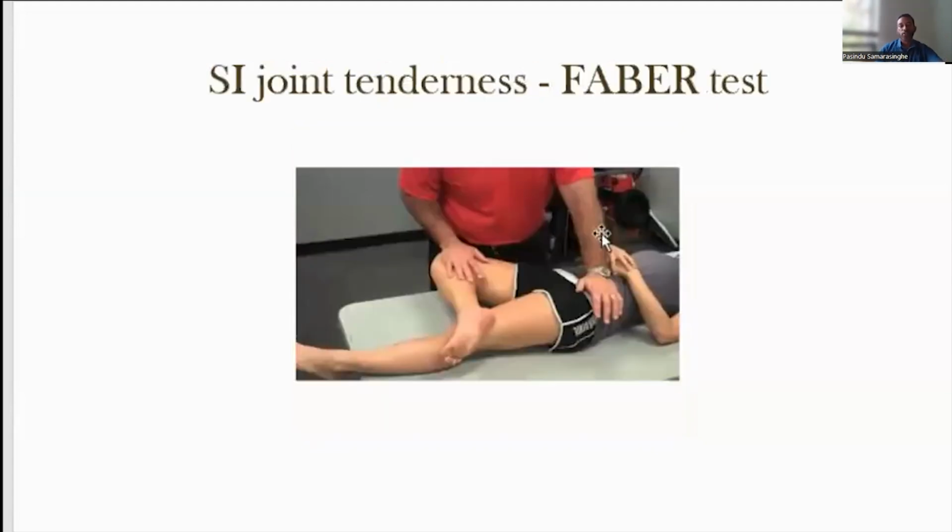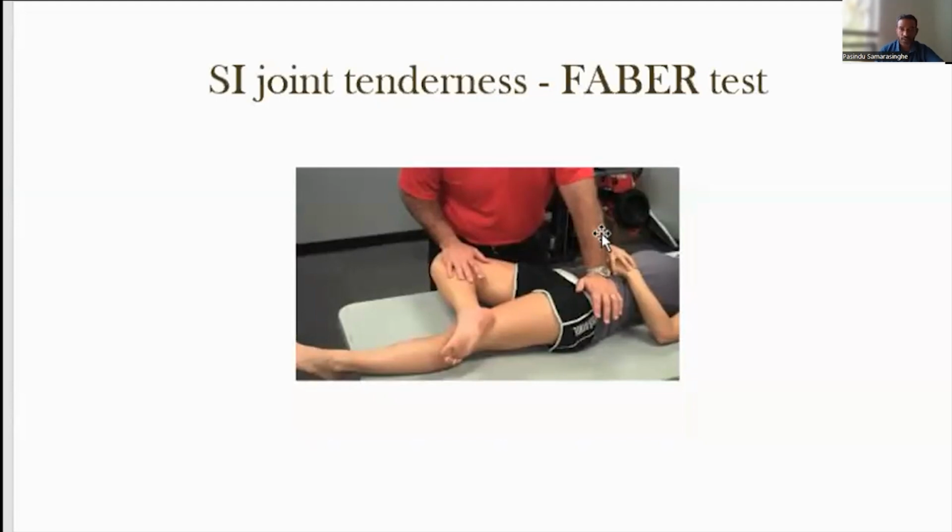Then sacroiliac joints are a very important part of spondyloarthritis, because this is one of the earliest joints to be involved. They say in spondyloarthritis, even before spinal involvement, the SI joints get involved. So in early disease, SI joints are involved. And this is a very useful test to detect sacroiliac joint tenderness.